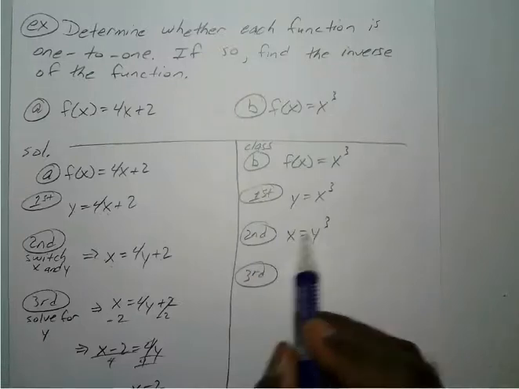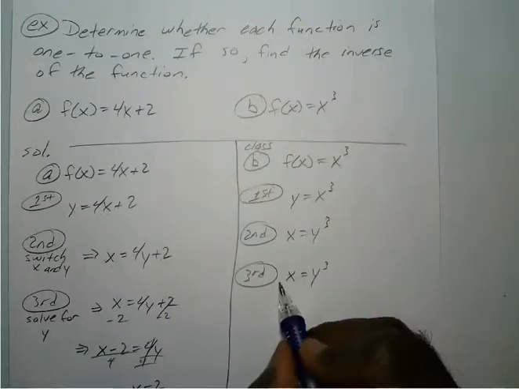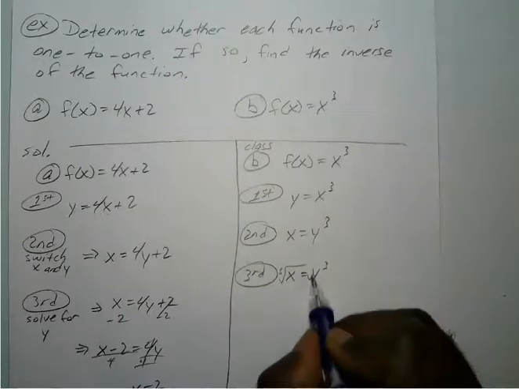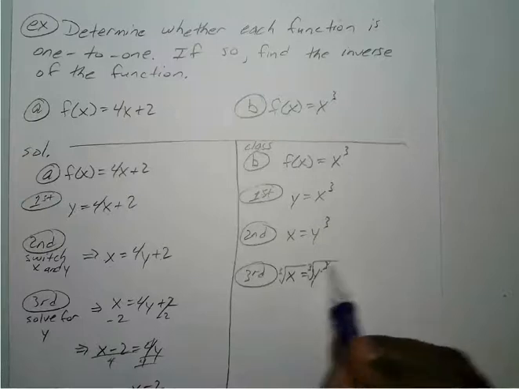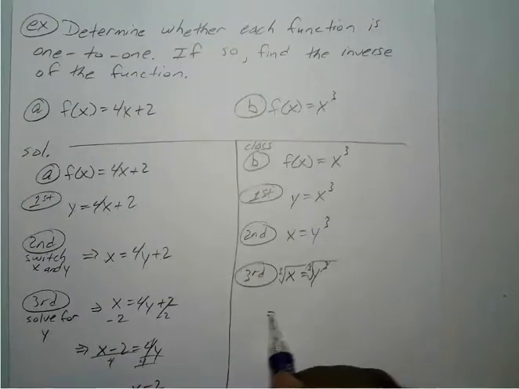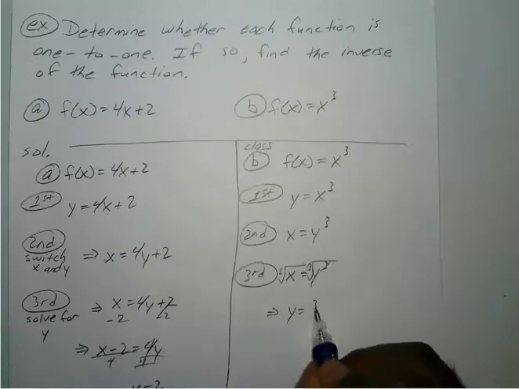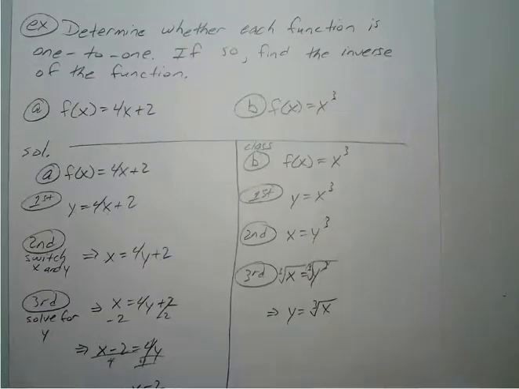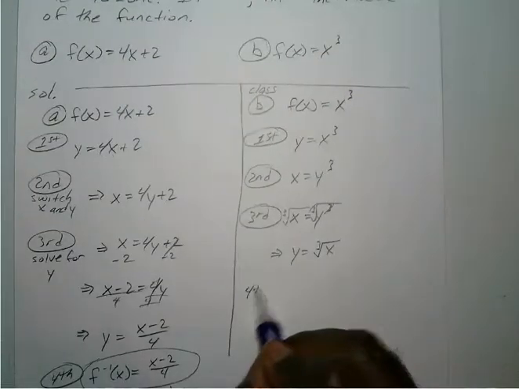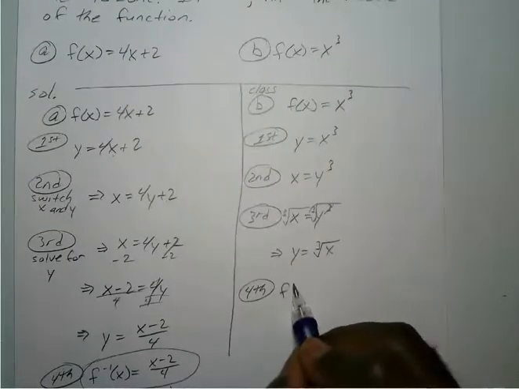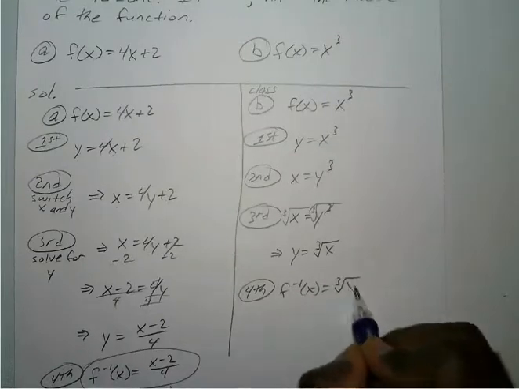Take the cube root of both sides. These two will cancel each other out. So you have y equals the cube root of x. Then your fourth step, change that y to f inverse of x equals cube root of x.